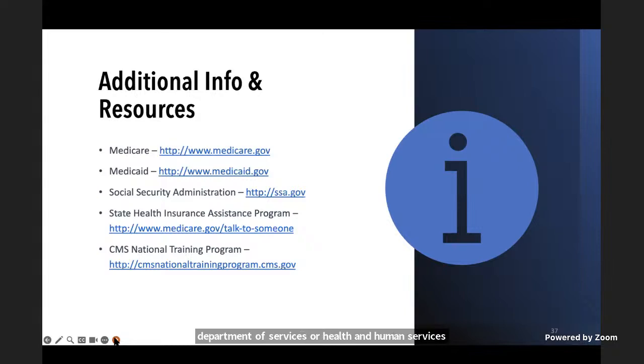The State Health Insurance Assistance Program is a local entity that can help you with all your Medicare decisions. So if you go to that link there, it will connect you with your local area agency on aging that have benefits counselors who can help you evaluate whether original Medicare or a Medicare Advantage plan might be right for you.